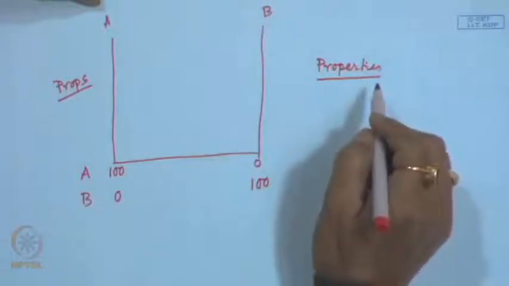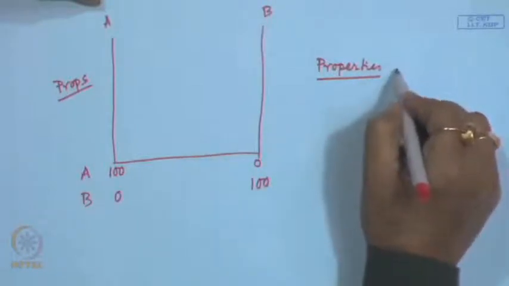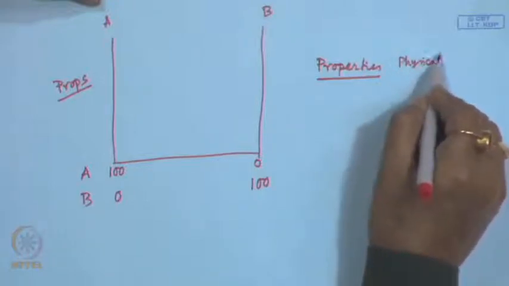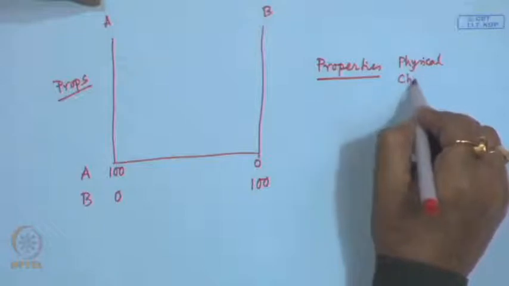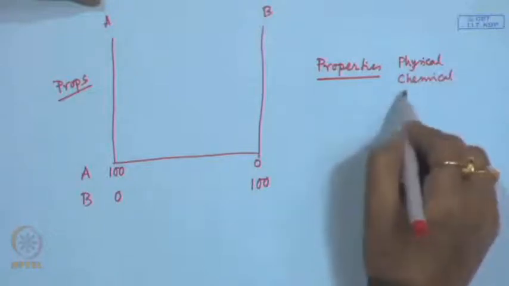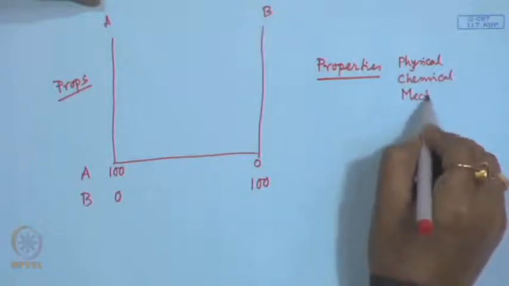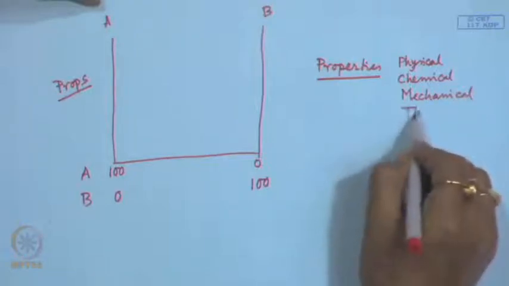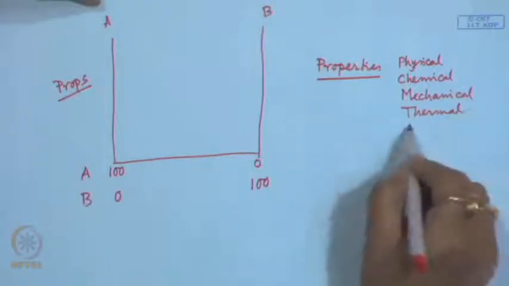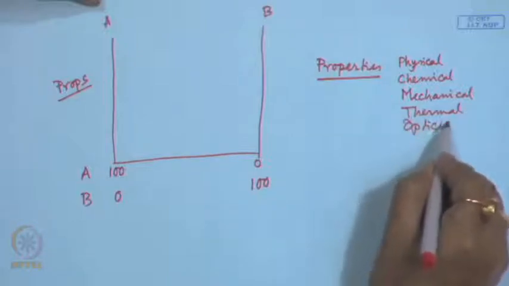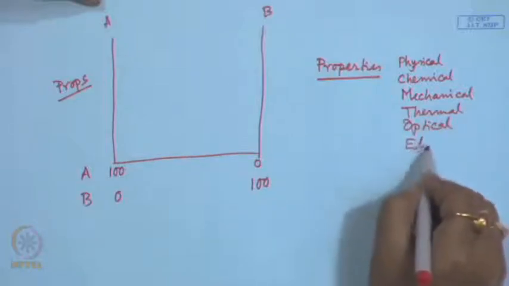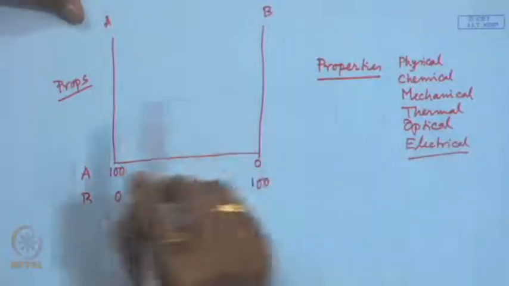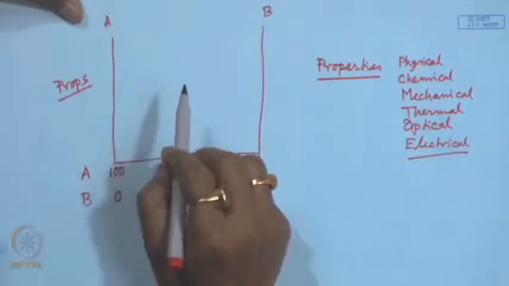different compositions. Properties, I mean, that can be physical properties, that can be chemical properties, that can be mechanical properties, that can be thermal properties, that can be optical properties, that can be electrical properties, etc. So, in general these properties can change.